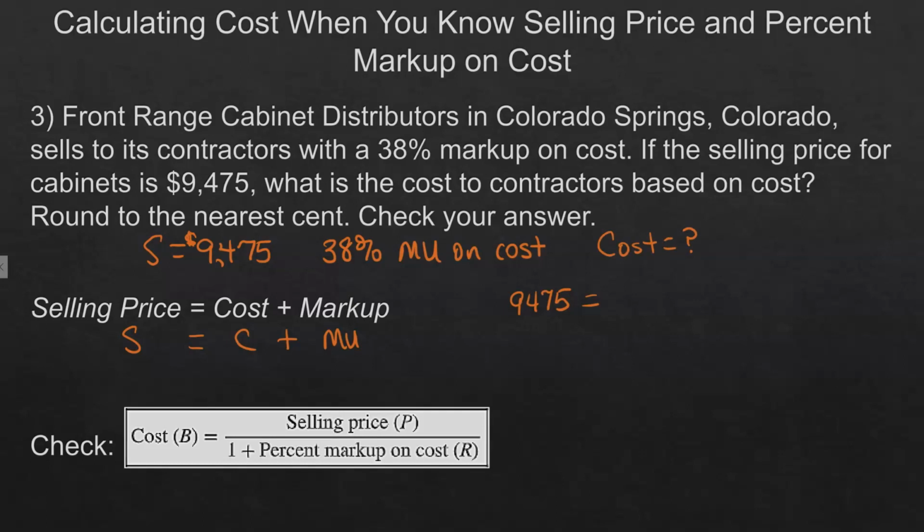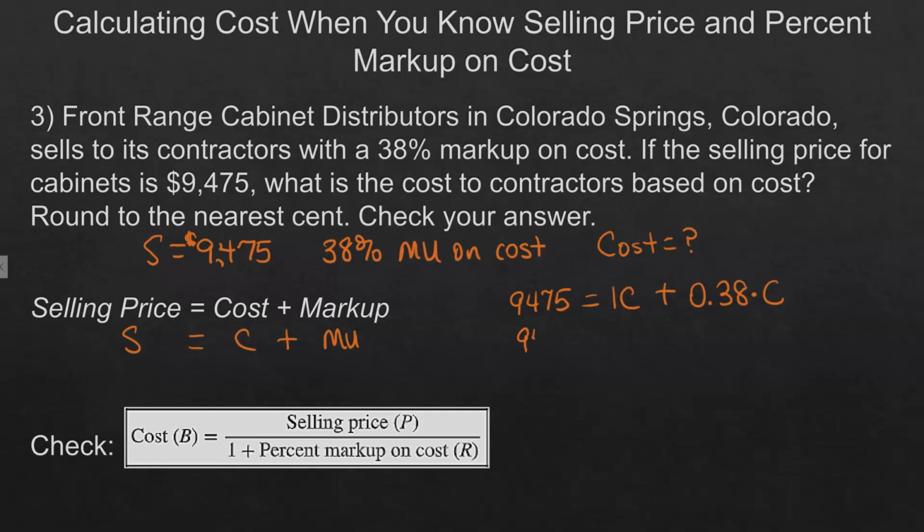And so we're going to say the cost plus 0.38 times the cost. We could put parentheses there or a C. So this means 1C. And this is the one little part of algebra that we do in this class, is setting up these equations, but you can also use the formula. So really you can go at this either way.